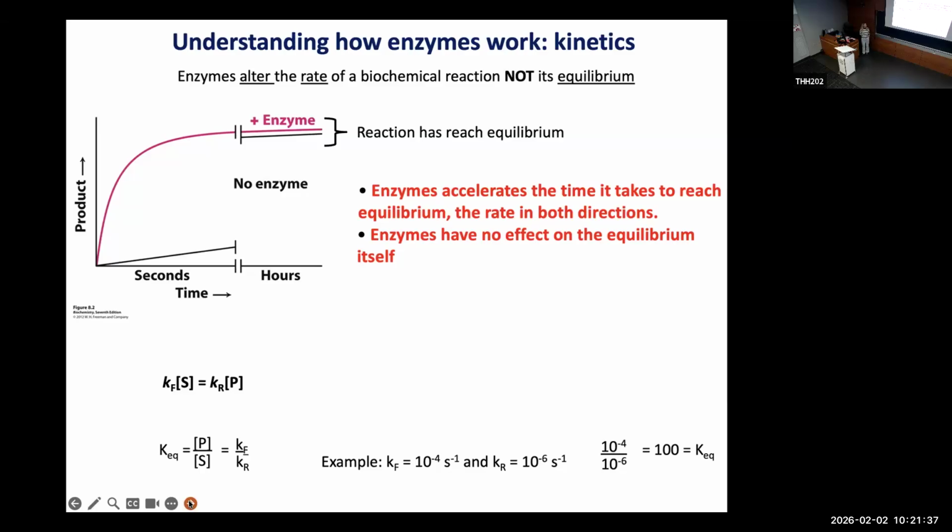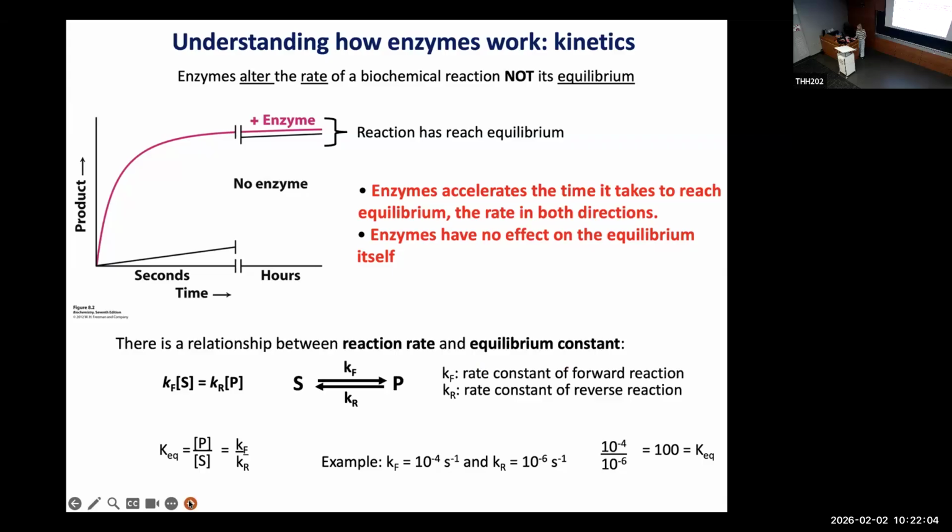And so that is basically giving you a ratio of the forward rate, which is most related to the product concentration. Okay, so those are all related. Those are all things that aren't going to change with enzyme concentration. But you can figure out an equilibrium constant using those rates.